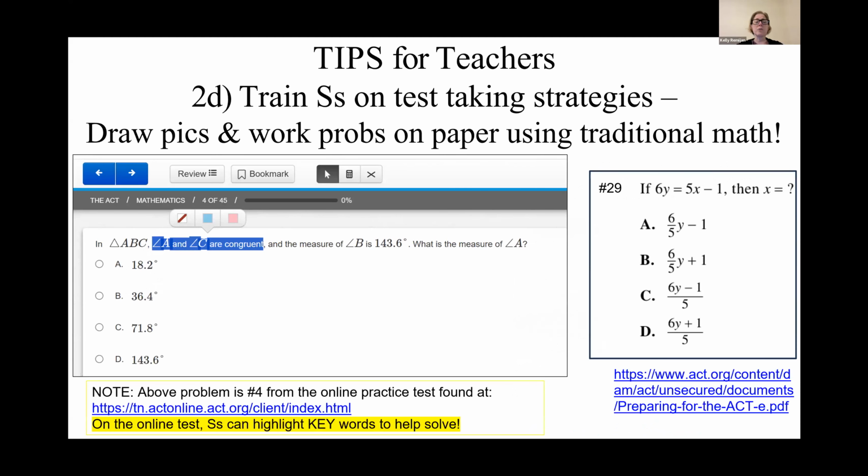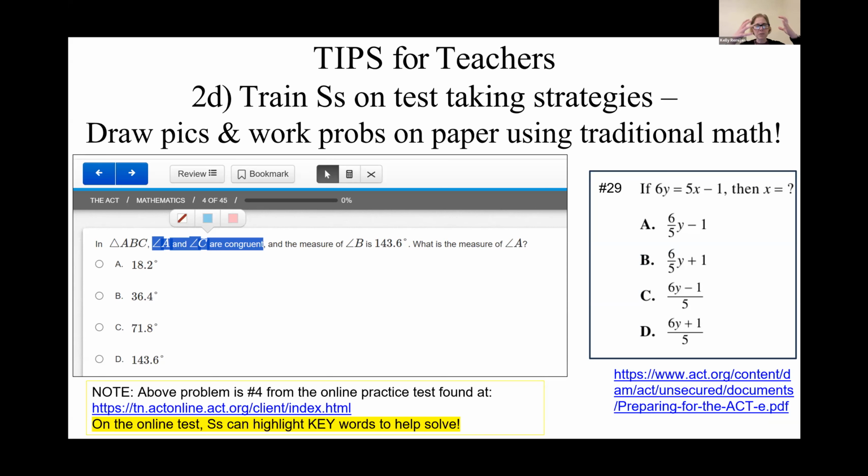Also more with traditional math, I want to highlight a feature on the online test. This might be helpful for students when they're reading. If you just take your cursor on the online test, you can actually highlight. It's not very obvious, but if you take your cursor and go over, let's say, where it says angle A and angle C are congruent, once you highlight it, it comes up and you can select the color you want to highlight it.